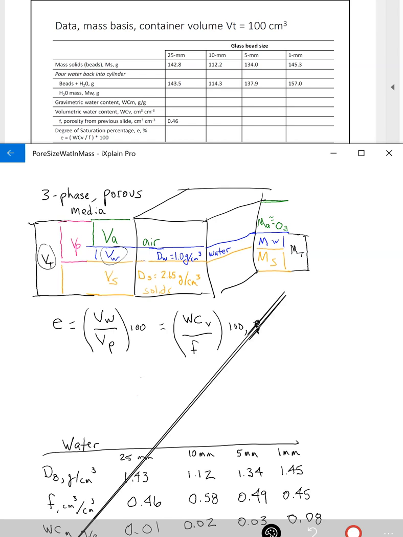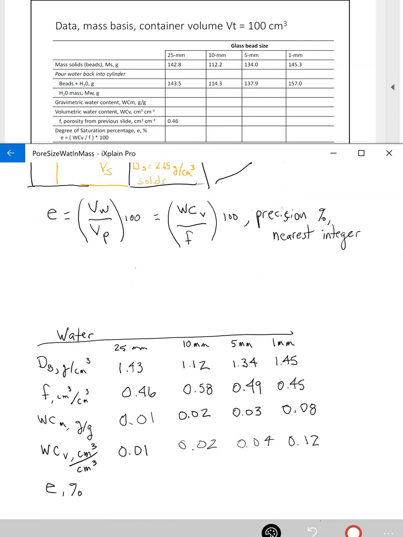Our precision is going to be percent to the nearest whole number, the nearest integer. So we're going to round to the nearest whole number.